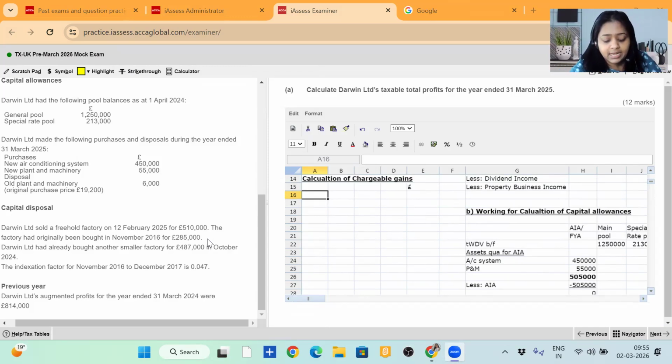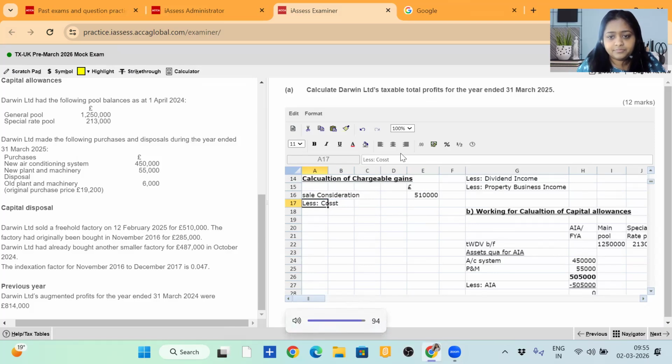Quite easy. Let's do the calculations here. So let me just write here what are the proceeds, gross proceeds, or we can write sale consideration. Sale consideration is 510,000, less cost. Cost is given to you here, 285,000.